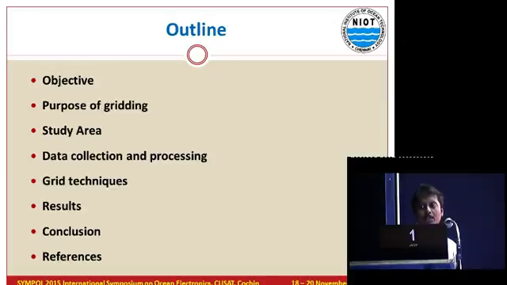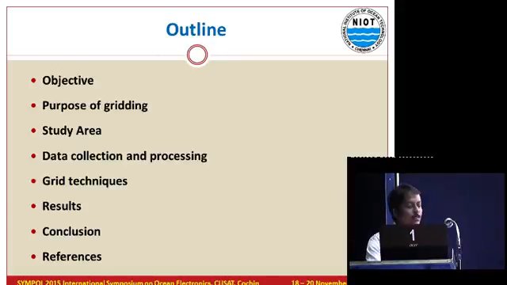In data collection and processing, the multi-beam system used for this study and the post-processing software are covered. I have used gridding techniques for this study, then results from those techniques are shown here. In the conclusion part, I will show which grid technique is the optimum one, and then the references which are used.